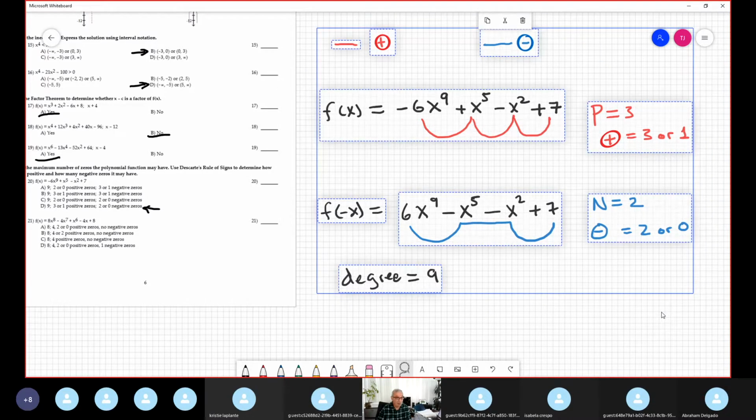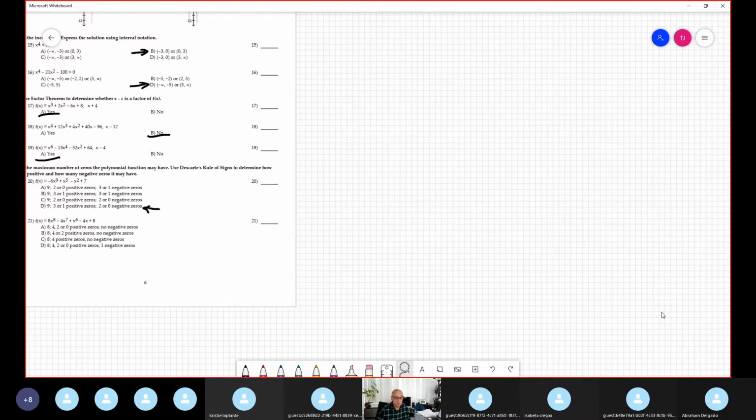We have several. We have 21, 22. Let's discard the rule. 21 says the function is 8x to the power of 8 minus 4x to the 7 plus x to the 6 minus 4x plus 8.